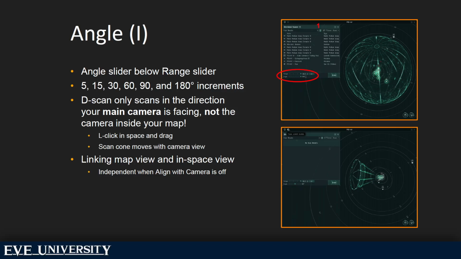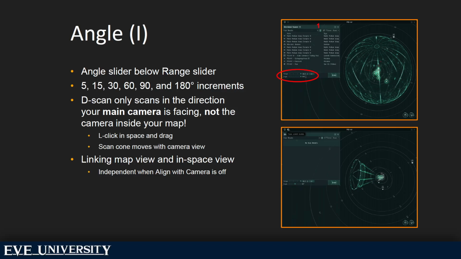It will just show you objects that are present at all planets within the directional scanner range. So let's say you want to check a specific planet, and in this situation the angle is very useful. You can reduce the angle to, let's say, 5 degrees, and then just point your camera at the planet that you want to check.